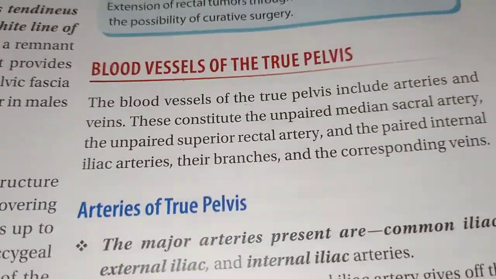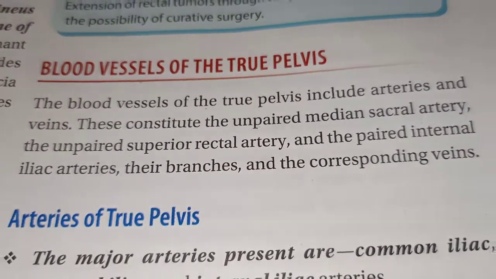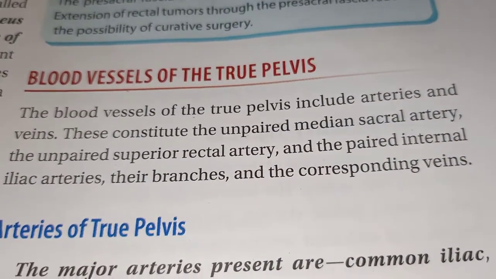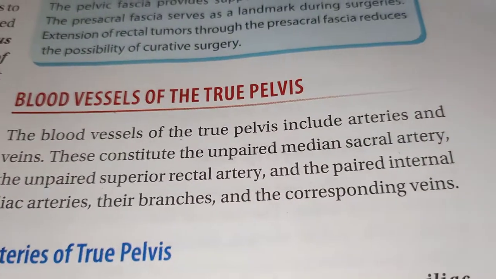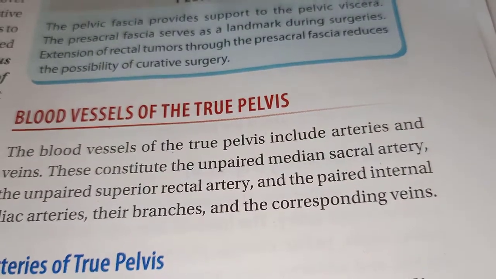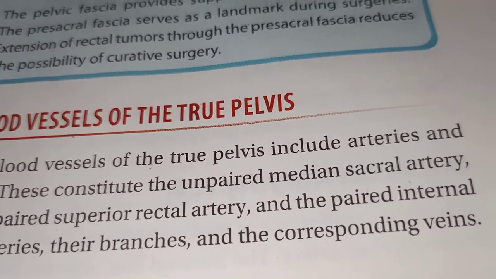The blood vessels of the true pelvis include the unpaired median sacral artery. This unpaired median sacral artery arises from the posterior aspect of the abdominal aorta.